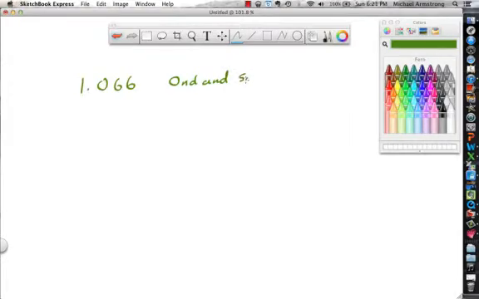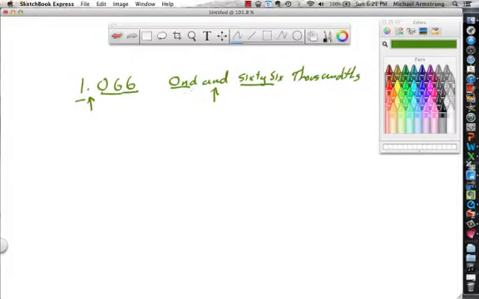Because you read the 1 like that, you read the decimal point as the word "and": 1 and then you read this whole number. And you can't really count the 0. This whole number is just 66.